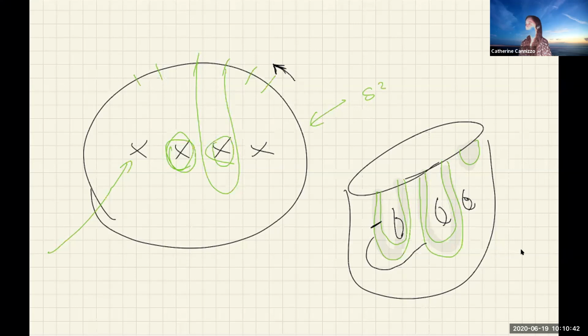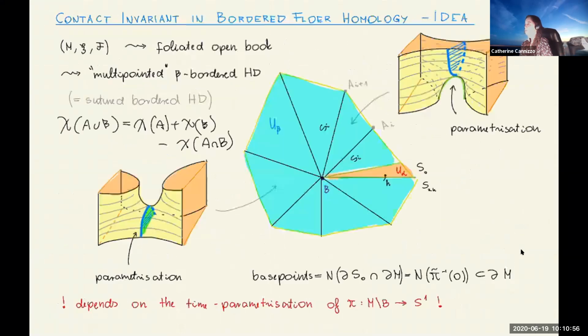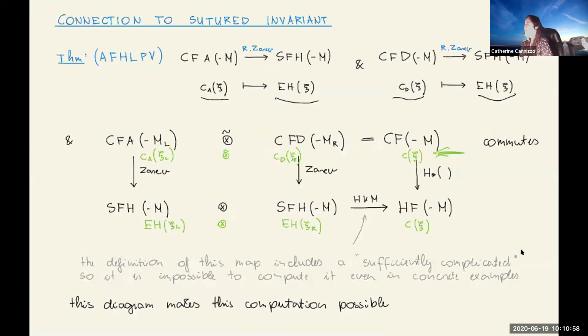Let's see, I had one more question, if that's okay. I was wondering if you could elaborate a bit more on the connection to sutured invariant page. You mentioned that the definition of the map includes something sufficiently complicated, and that you're able to get around that, or you're able to compute with the diagram.